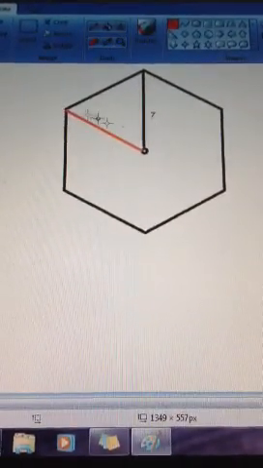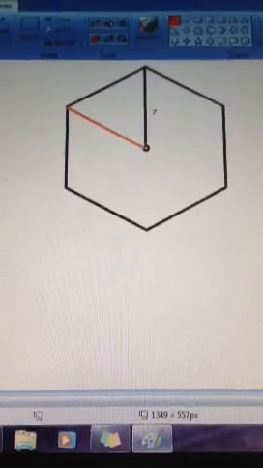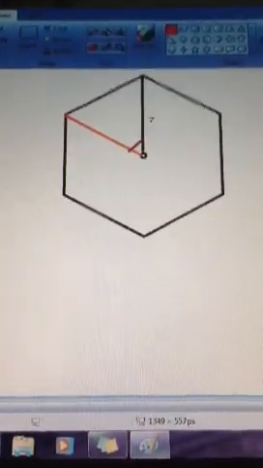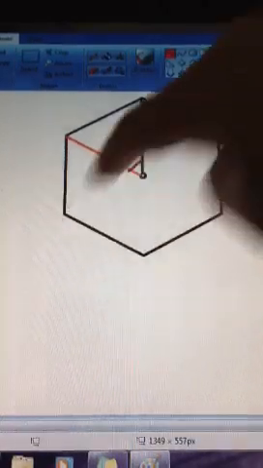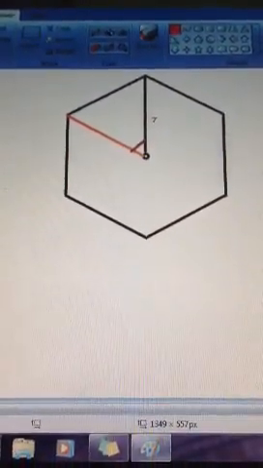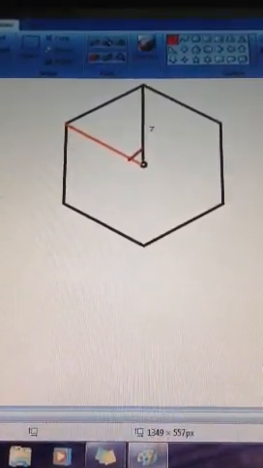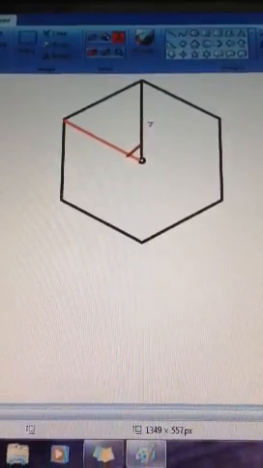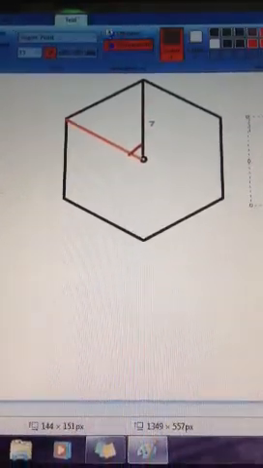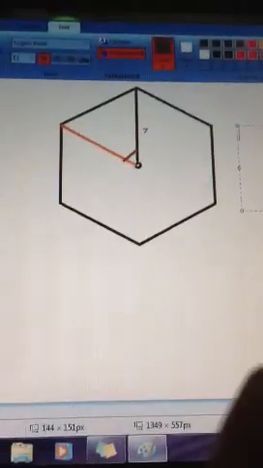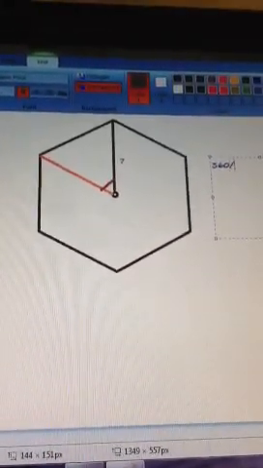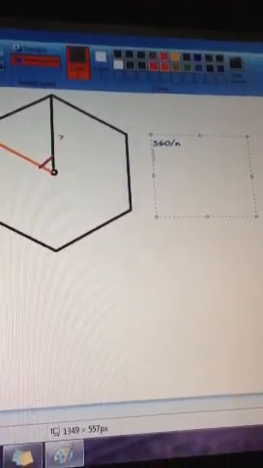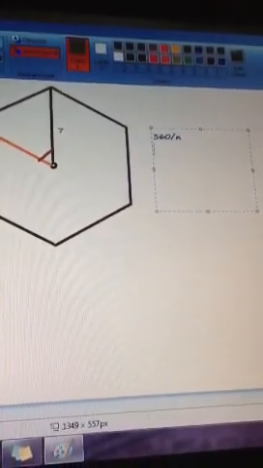To find the measure of this angle, we know that this entire thing is going to be 360 divided by n, which is 360 divided by the number of sides.